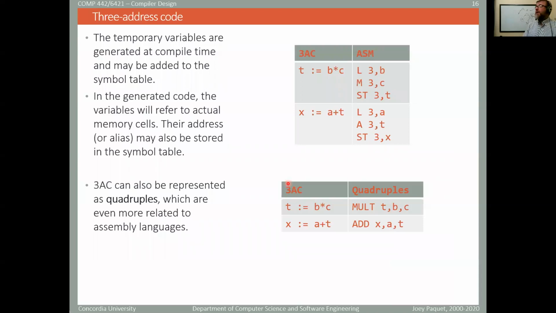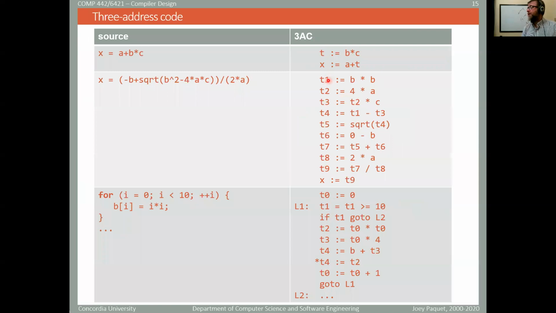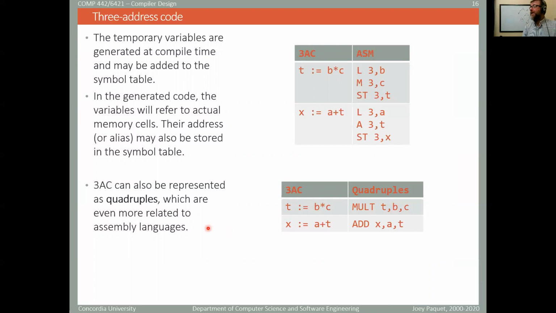Okay, so as you saw, this notion of temporary results here, all of these are temporary results. This notion of temporary result is very important, central to the code generation phase. So these temporary variables are generated at compile time.